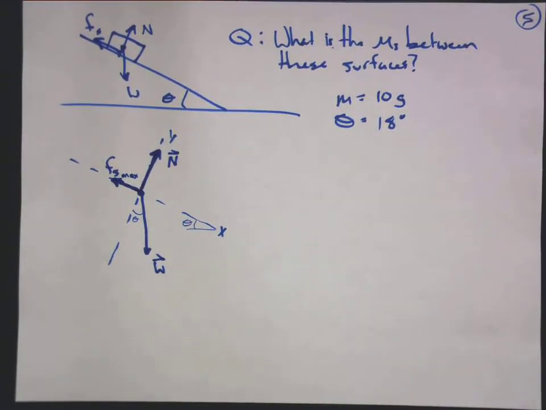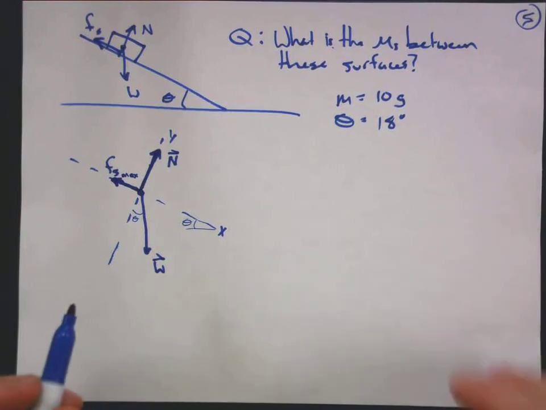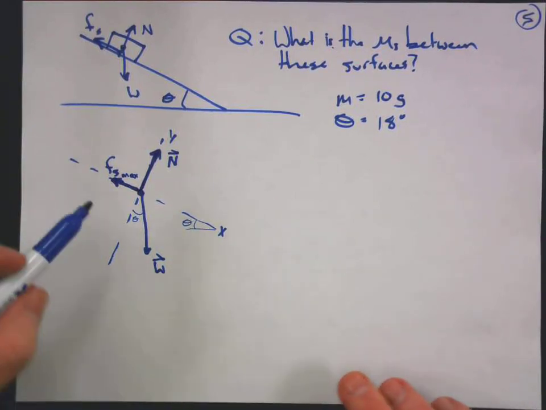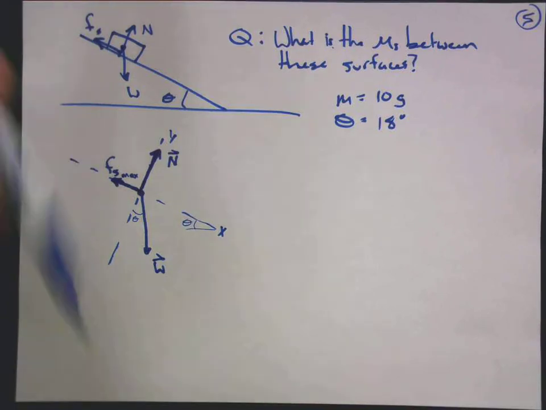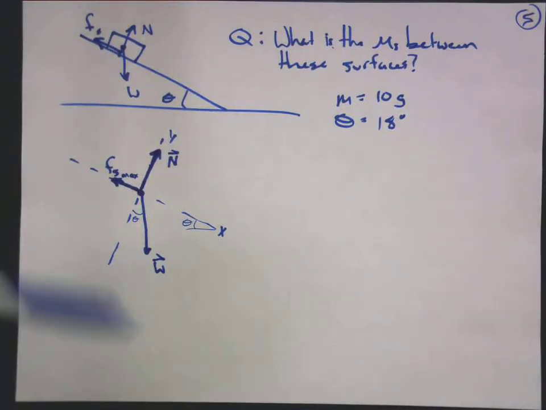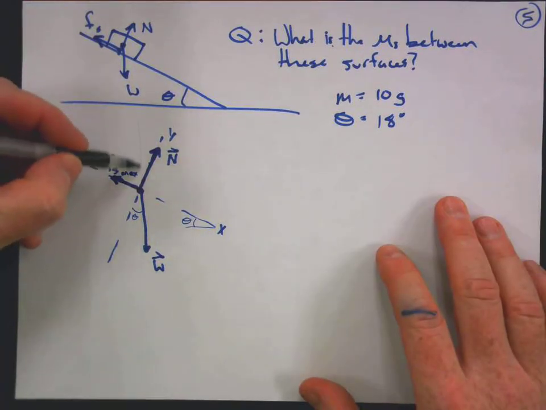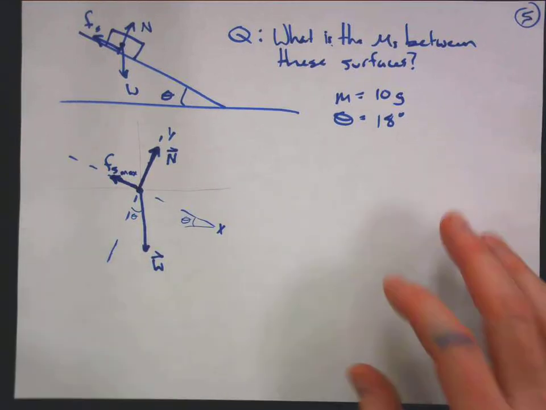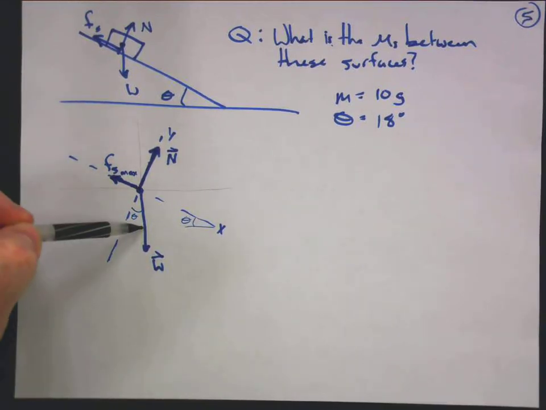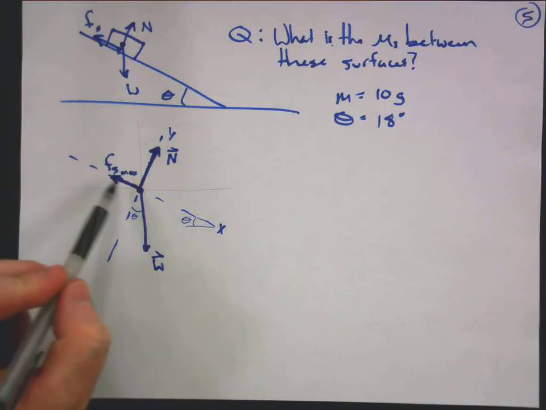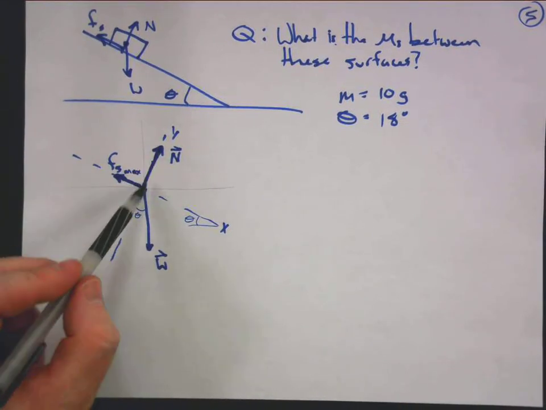That's worth knowing because that'll help. Now, look at this. One of the important benefits of rotating my axes to match this surface is that if I didn't do that, if I just had vertical and horizontal axes, then you would have one force along an axis and two forces that are not parallel to an axis.